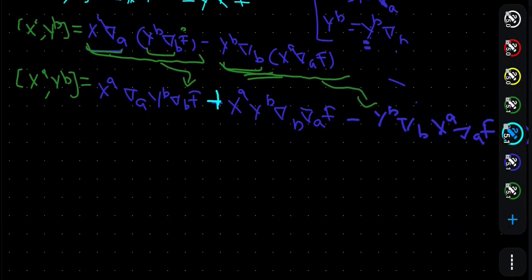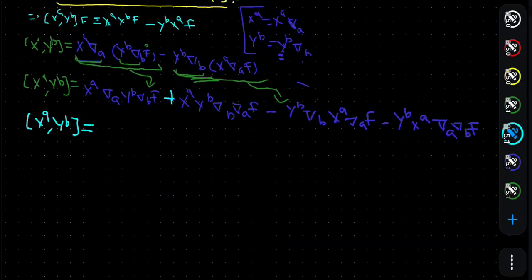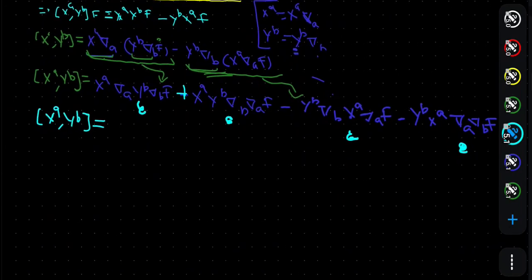Okay, now if we try to arrange it, it's the commutator of x^a and y^b and it is equal to, what I'm going to do, see carefully, is put this particular term and this particular term in a separate manner, and this particular term and this particular term I will try to combine.